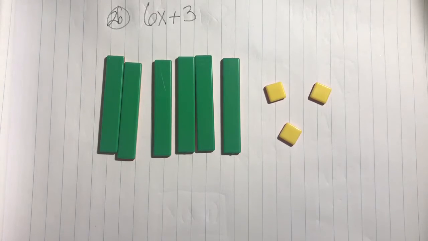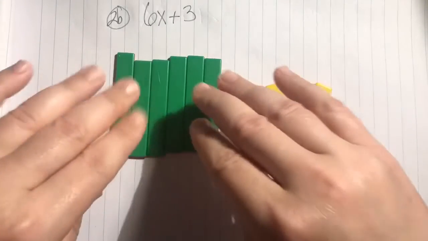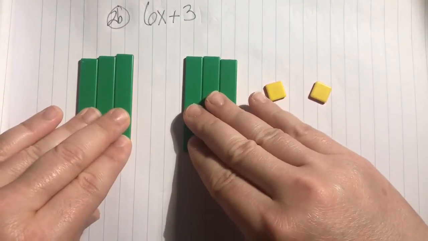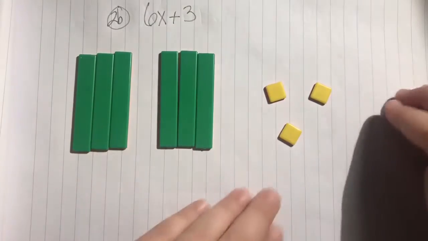Okay, now remember, something I forgot to go over with you guys is, the first goal is to see if there's a GCF. So that's what I'm going to do first here, is to see if there's a GCF. In other words, is there a way I can group these into different groups? Well, let's see if I can make 2 groups. Well, here I can make 2 groups of 3.